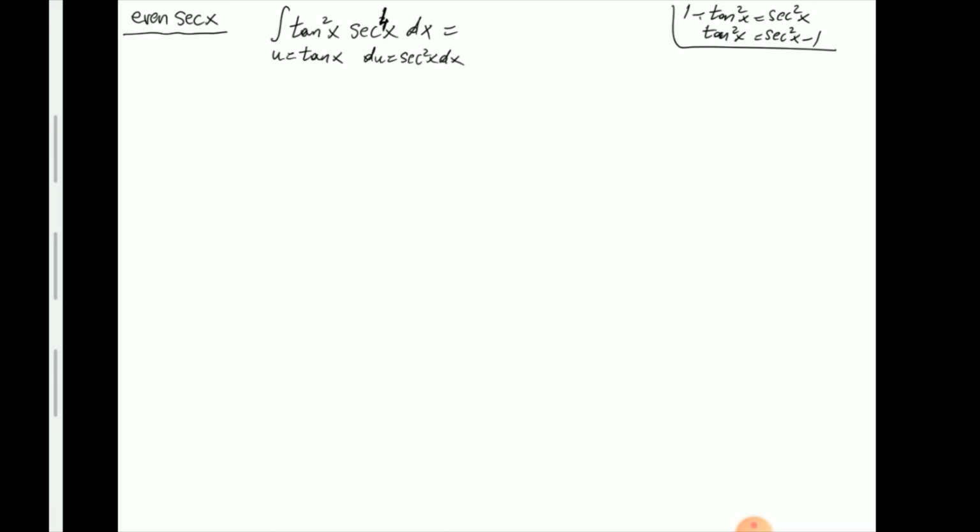So that's your goal. That means you save a secant squared, then the identity for the remaining part. So it's going to be 1 plus tangent squared.